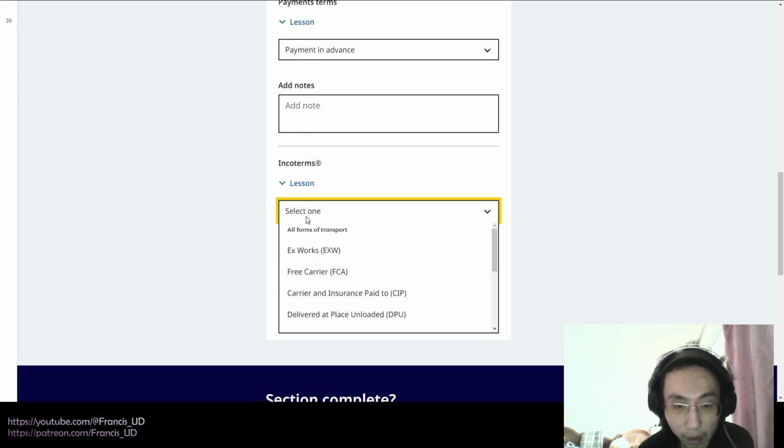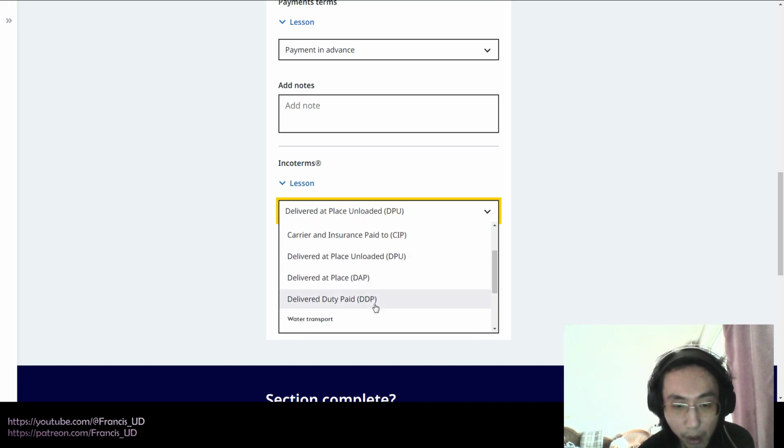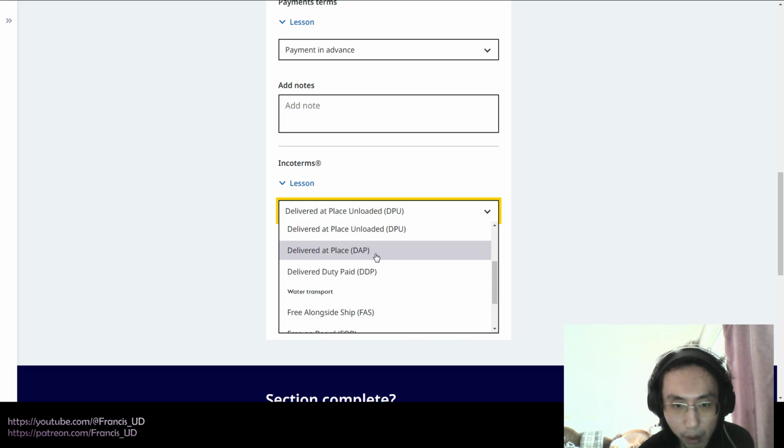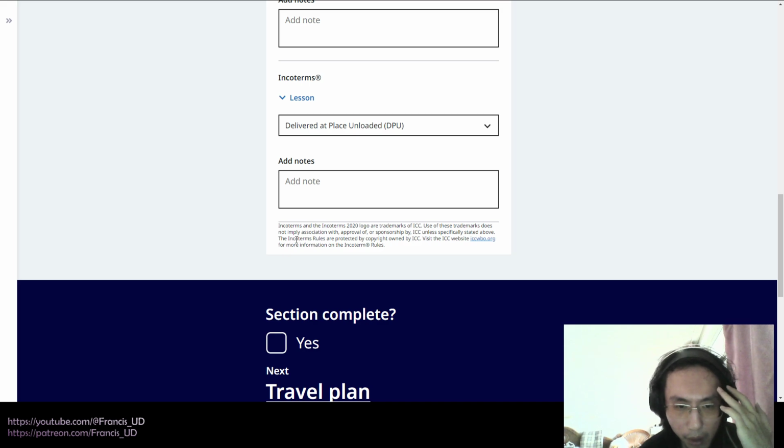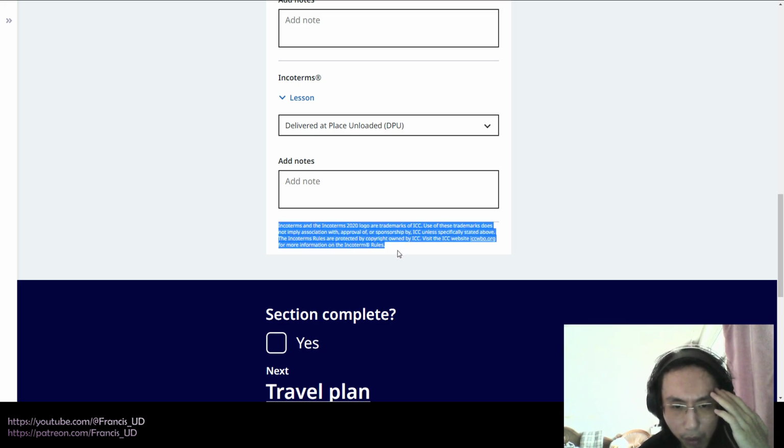Incoterms lesson, transport, carrier and insurer, free carrier, delivered at place, delivered at place unloaded. Incoterms and the Incoterms 2022 logo are trademarks of ICC.